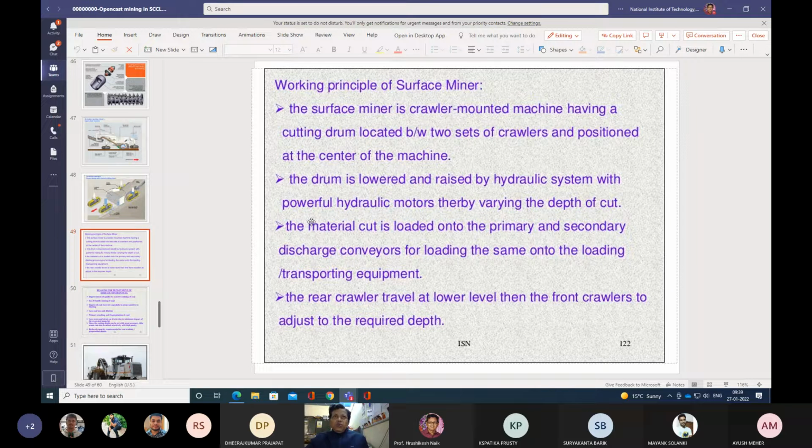You can raise the drum, you can lower the drum. The drum is lowered and raised by a hydraulic system with powerful hydraulic motors, thereby varying the depth of cut.